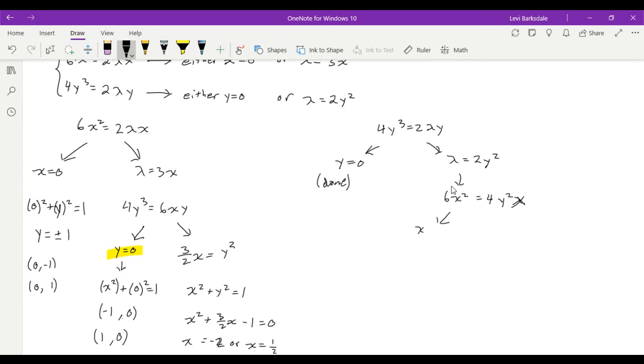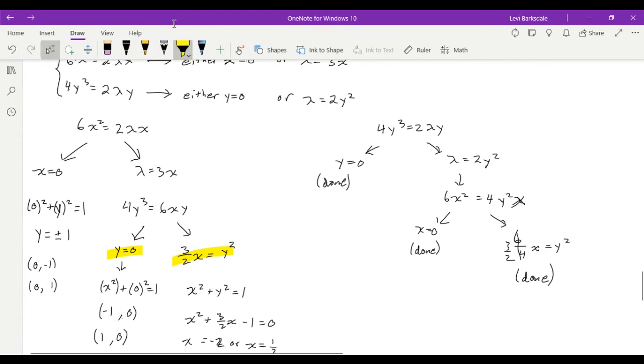So then either x is equal to 0, and again, we found the critical point, so we're done. Or we can say that 6 over 4 x is equal to y squared, and this simplifies down to 3/2 x, and we've already done it there as well. So that wasn't actually too bad.